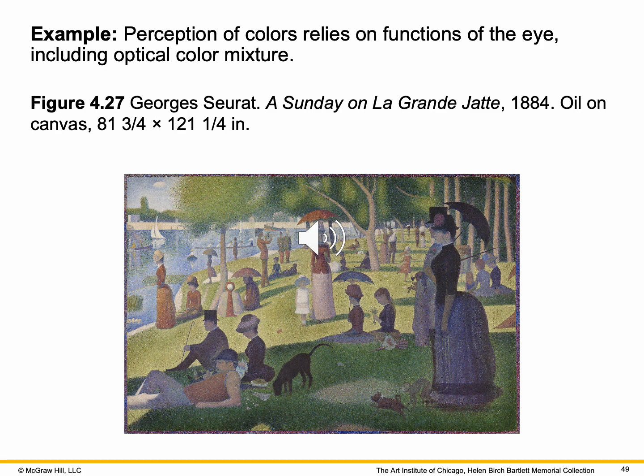This is called optical color mixture, and it is an important feature of the painting of Georges Seurat. Rather than blending his colors on a palette or on his canvas to produce a gradation of hue, Seurat placed many thousands of tiny dots or points of pure color next to each other, a process that came to be called pointillism.